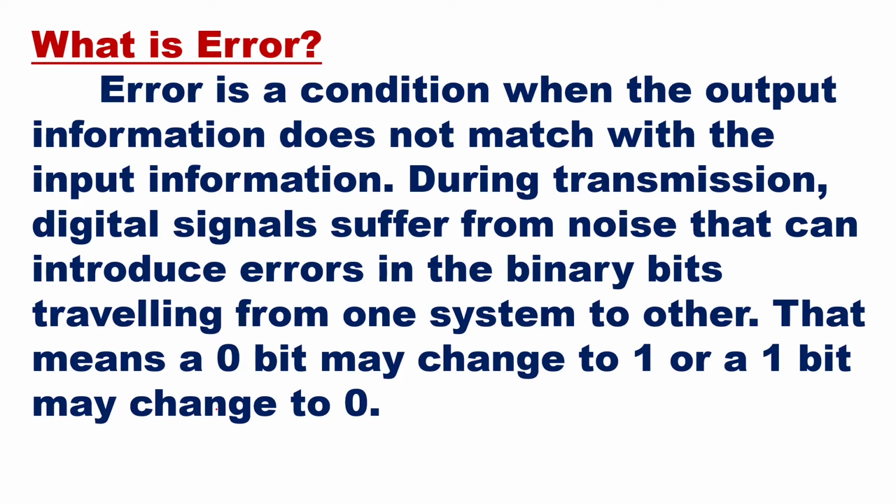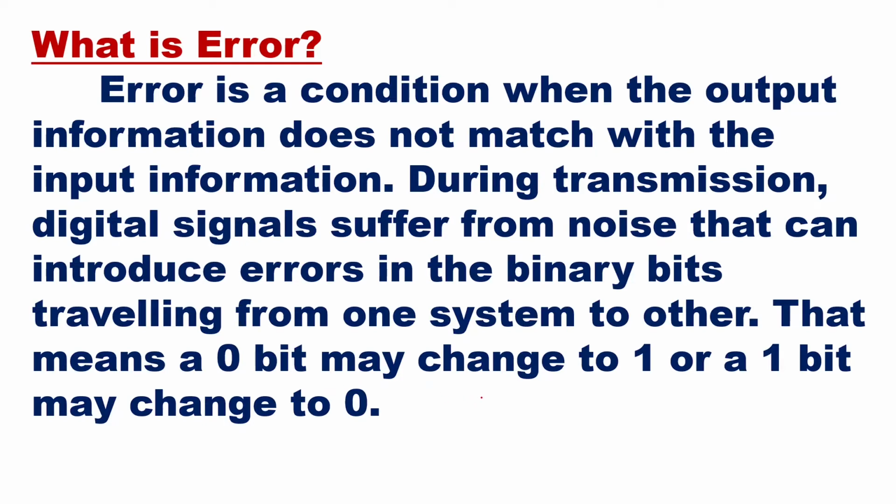That means a logic 0 bit may change to logic 1 because of noise, or a logic 1 bit may change to logic 0 because of noise, and that will be an error. If you change a particular bit, it will change the meaning of the word.